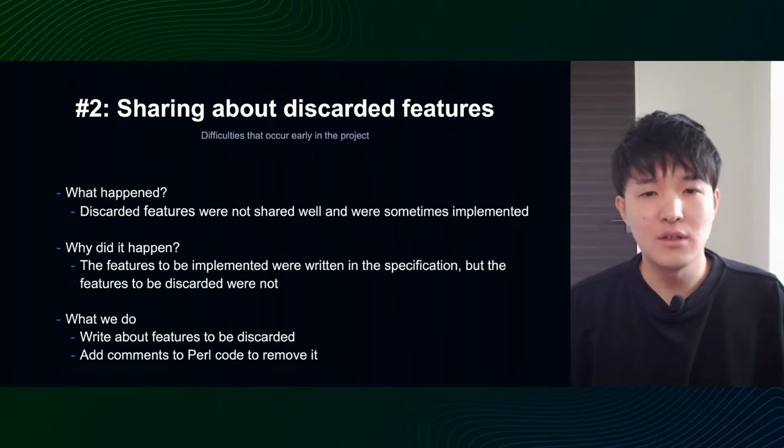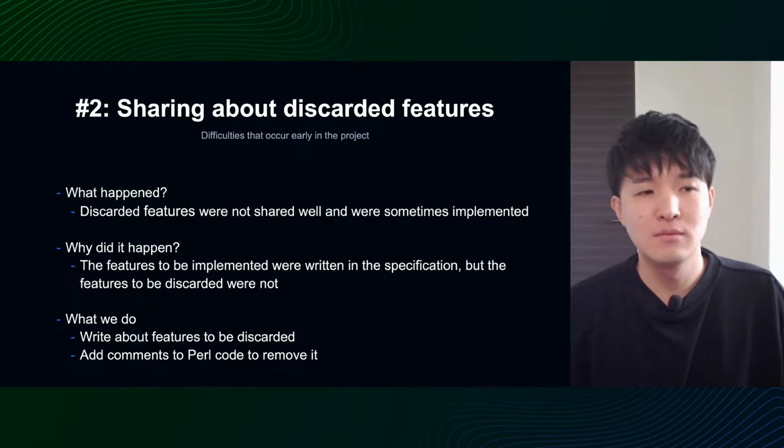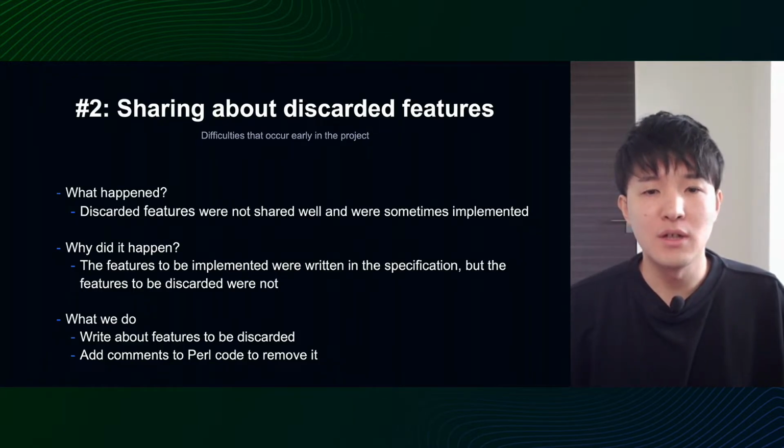Second, it was hard to get all the members of the team to agree on the functions to be discarded. What actually happened was that members implemented a feature that was decided to be discarded by another member.